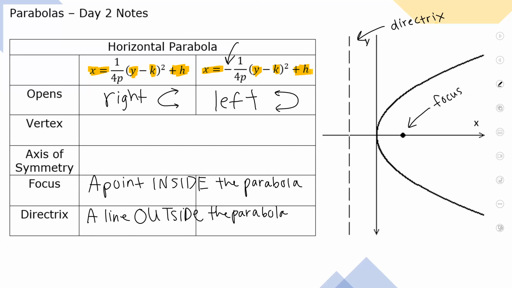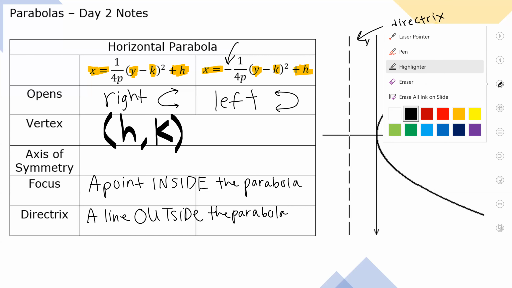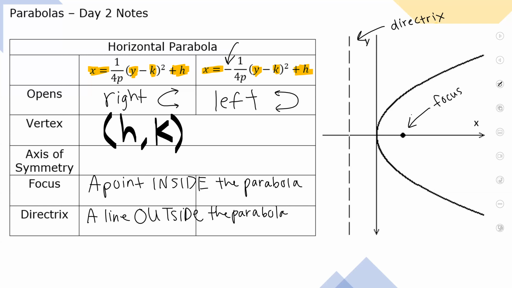So my vertex is still going to be h, k. That is still my vertex. H is your x value, k is your y value. Just like normally you have x comma y.